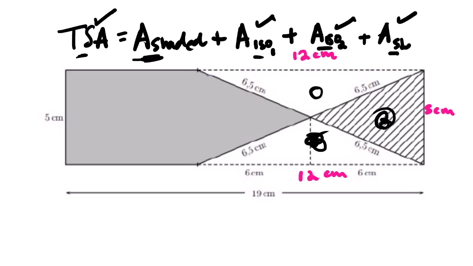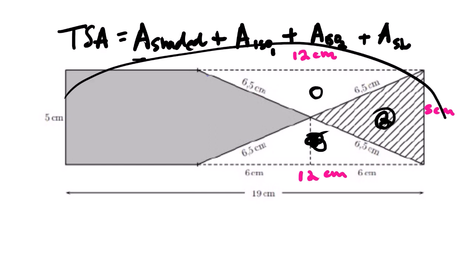Then the shaded plus this one should give you the answer. But I think that is the long route. We can simply calculate like I said, we calculate the area of the whole part and then we minus the two and then we'll get the answer. But before we start with the calculation, just know the area of isosceles.